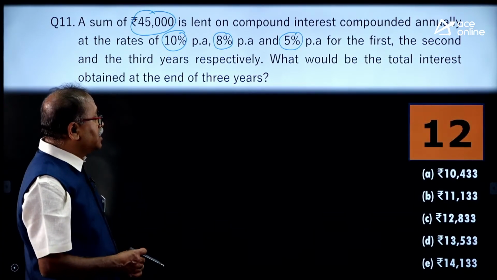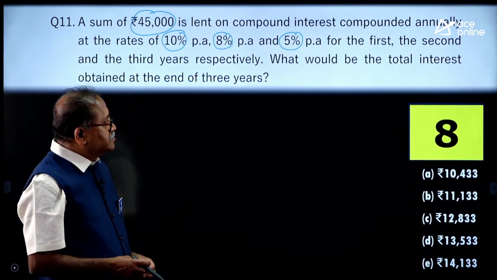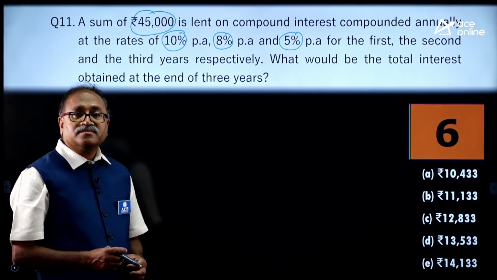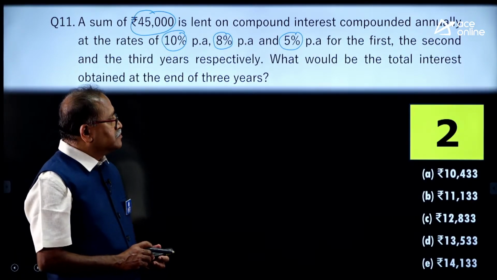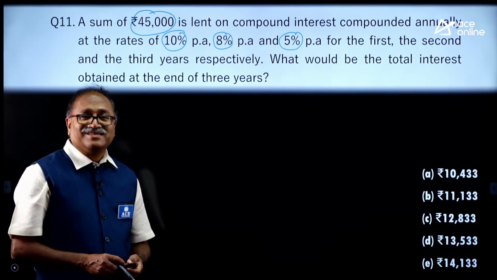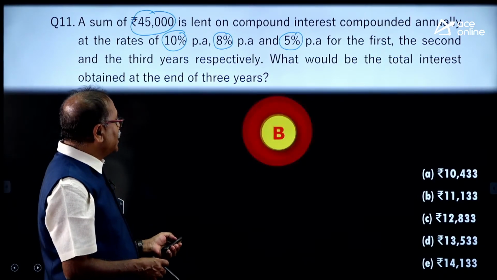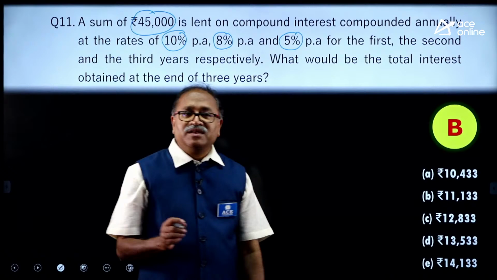We are on question number 11. And time up. Let us check your answer. Option B, that means 11,133.